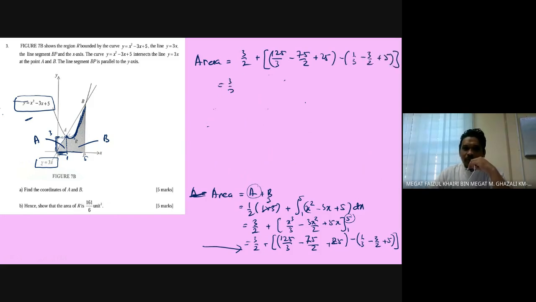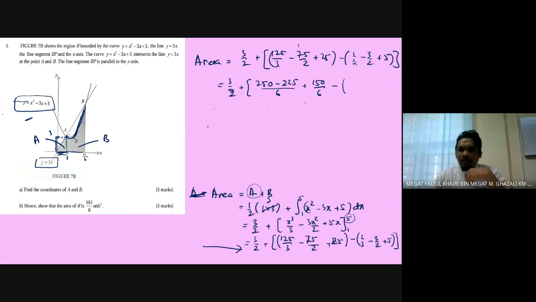So then 3 over 2 plus, 3 times 2 equal to 6. 1 times 125 times 2, 250 minus 75 times 3, 225, divided by 6, plus 25 divided by 6, 150 divided by 6.